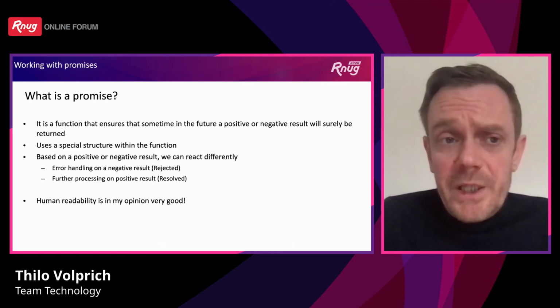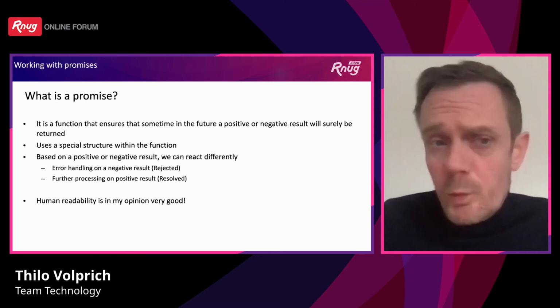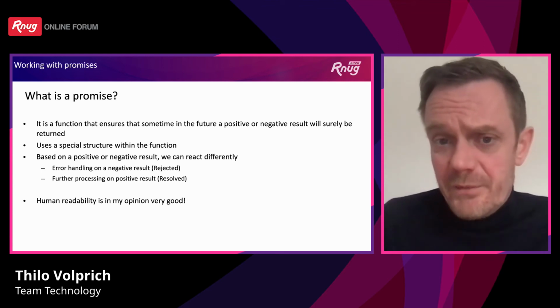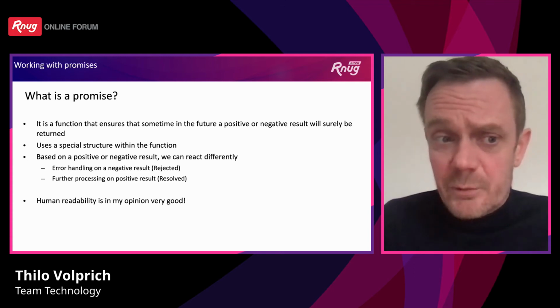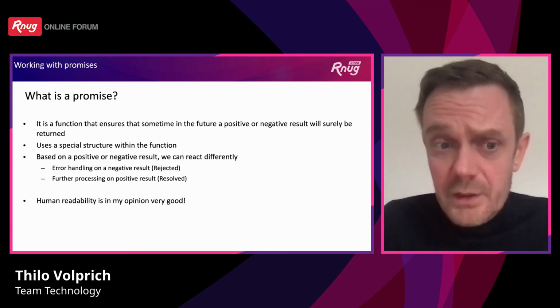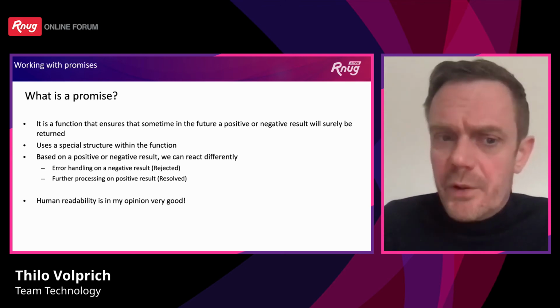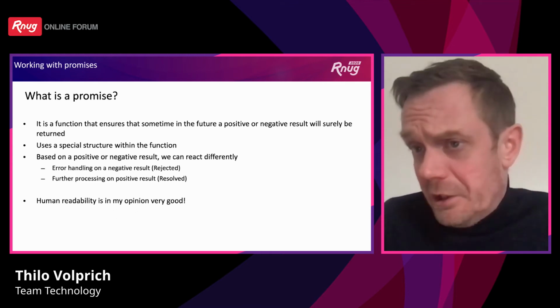One of the easier ways is working with promises. Maybe you have heard of them, maybe not. What is a promise? It's a function that ensures that sometime in the future a positive or negative result will be returned. It uses a special structure within the function. Based on a positive or negative result, we can react differently.